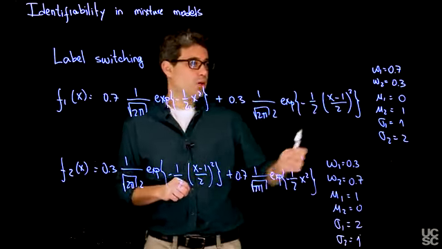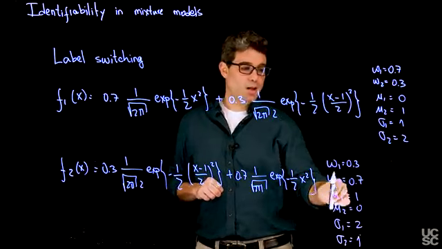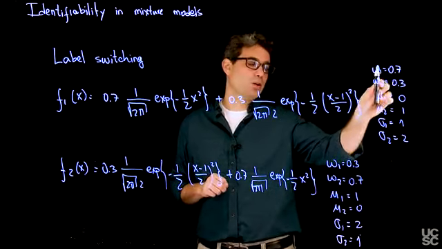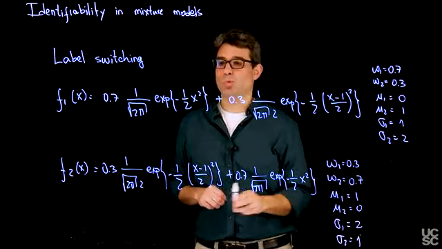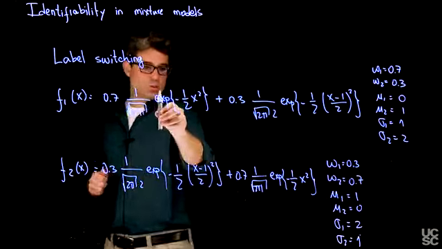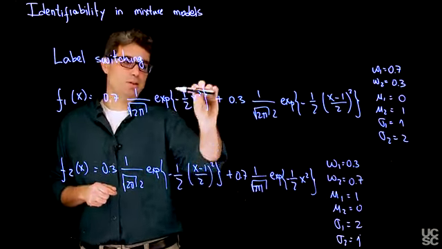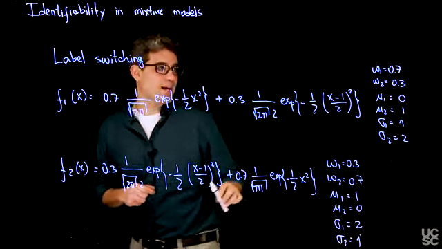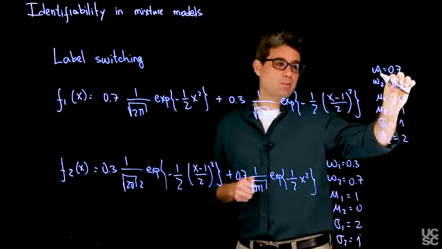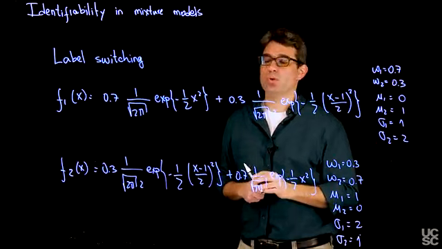In other words, what I was calling 1 here has become 2 in here, and what I was calling 2 here has become 1. Now, these two are exactly the same models.